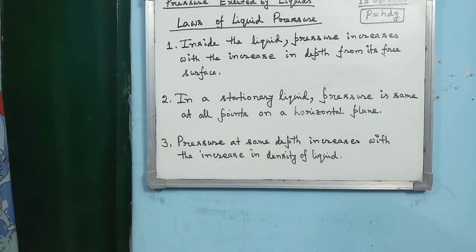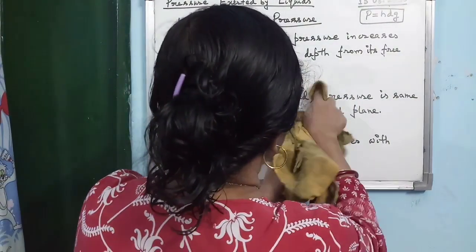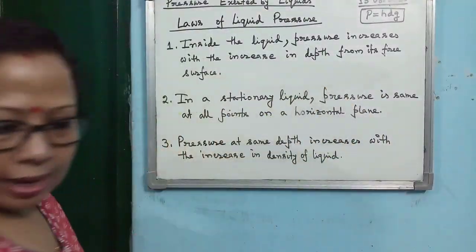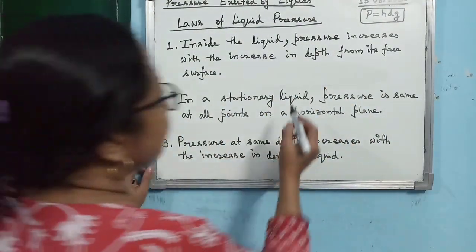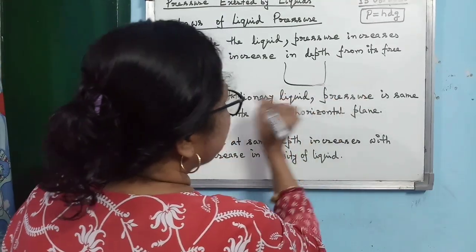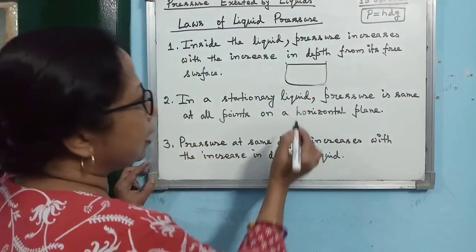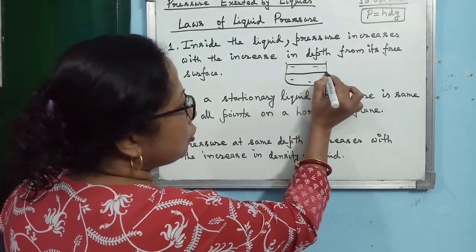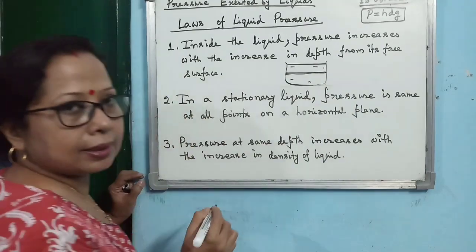So, how can you show it? Again by a manometer, we can show this by our activity. So, what have you done and what is the meaning, first let us understand. Suppose you have taken a container and some liquid. Now you choose a horizontal plane, like this.